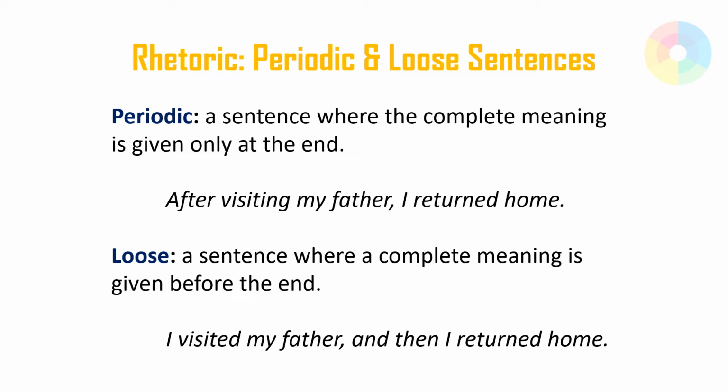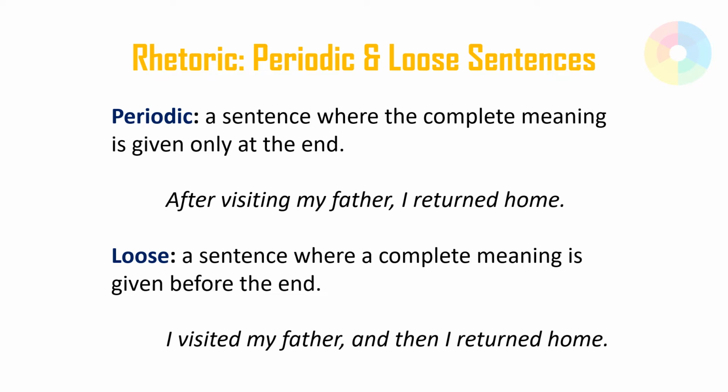But now we're looking at the difference in sentences in terms of their meaning, or their rhetorical effect. So the first type is what's called a periodic sentence, which is basically a sentence where the complete meaning is given only at the end of the sentence.